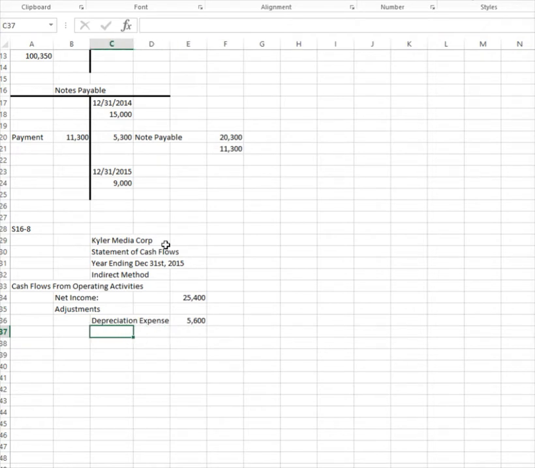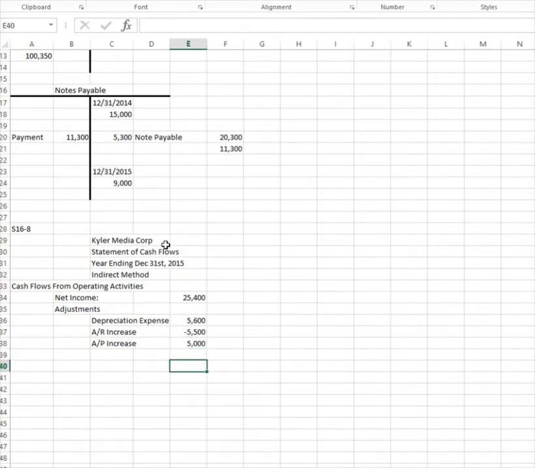Then we have a little increase in accounts receivable, and that will actually be subtracted here. And then we have an increase in accounts payable, and that will be added back in.